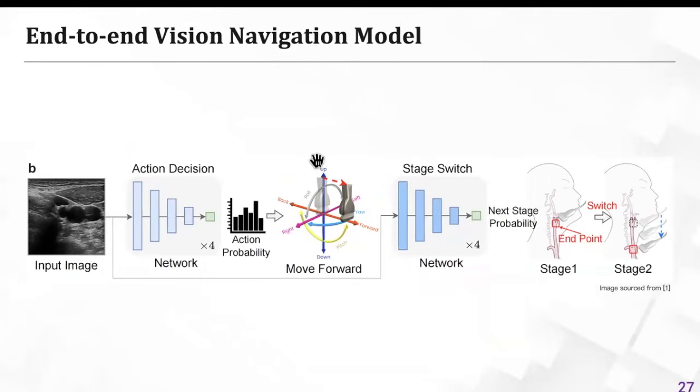If the probe is not attached to the neck, there is no ultrasound image, so the model cannot make any decisions. In this situation we need an RGBD camera with depth information, so we can estimate the neck's position. We send this information to the robotic arm, and it can approach the probe to make contact with the neck again. Yeah, I see. Thank you.